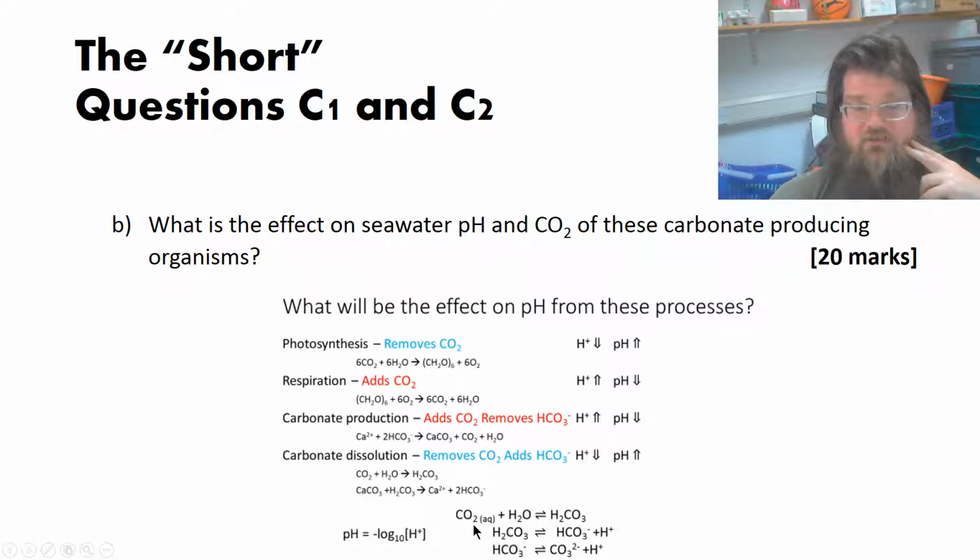But adding that CO2 does this, so it will lower the pH through producing these hydrogen ions over here. So that would have got you a bunch of marks, but it would have been better if you'd also explained how these organisms can add and remove CO2 in other ways through photosynthesis and respiration, and how those then affect CO2 and pH as well.